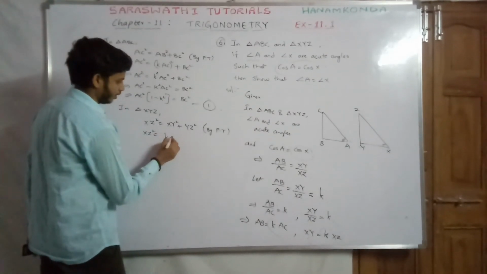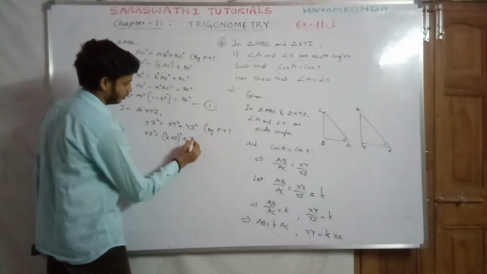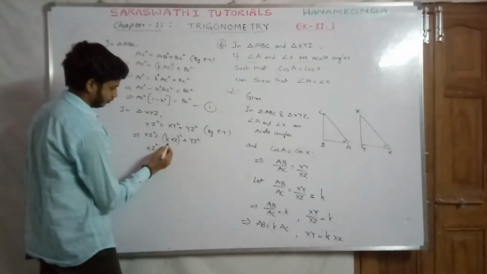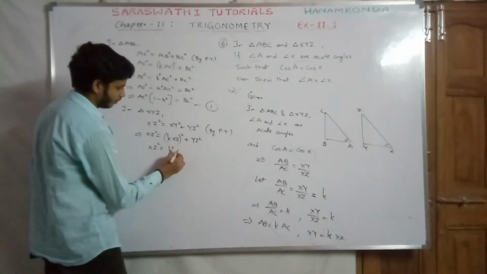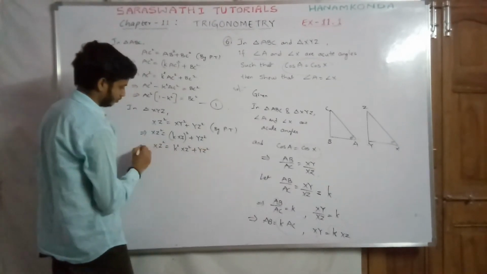So XZ square equals k into XZ whole square, that means k square into XZ square, plus YZ square.